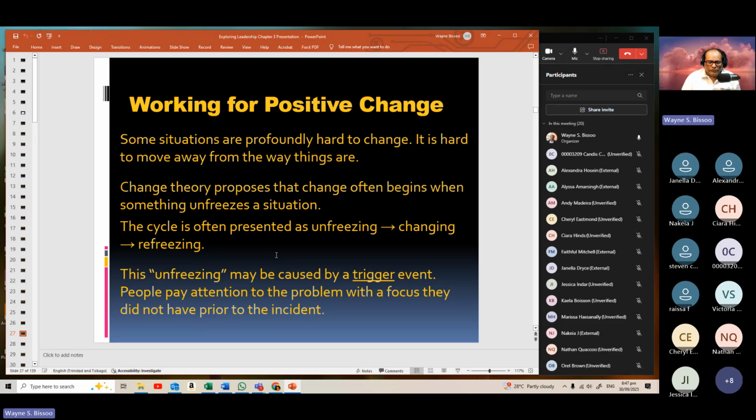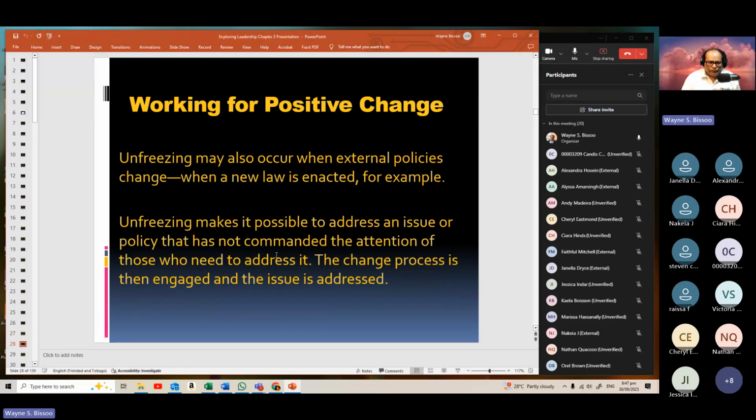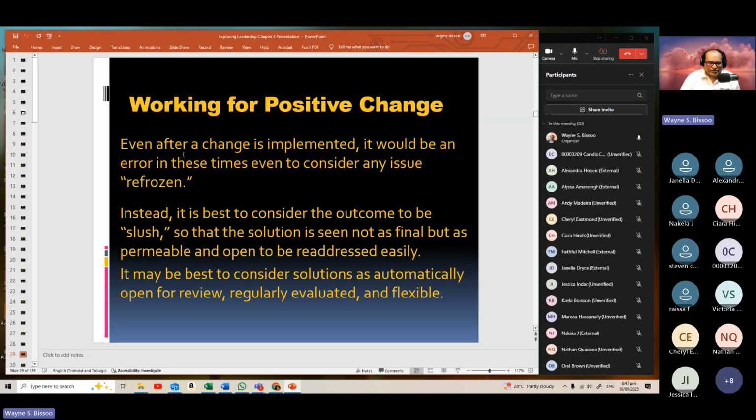The model speaks to unfreezing, changing, and then refreezing, but instead of refreezing, it's actually better for the organization to remain in a slushy type of environment where it's solidified enough in its new circumstances to operate, but remains flexible enough to adjust to the chaos that exists around us. And that is where Costat found itself.